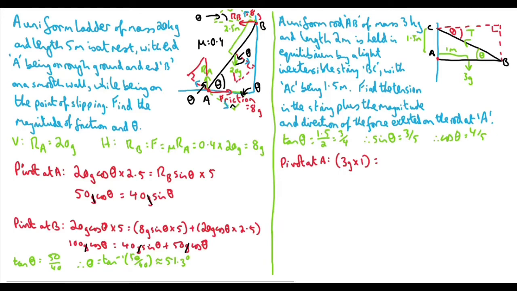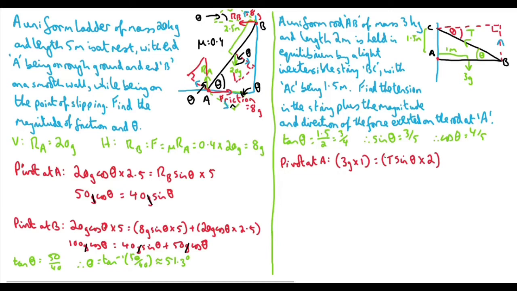Here, though, for the anti-clockwise, is going to be this component of the tension coming straight up. So that's going to be T sine theta here, because that's the opposite side, and that would be times the total length AB, which would be 2.